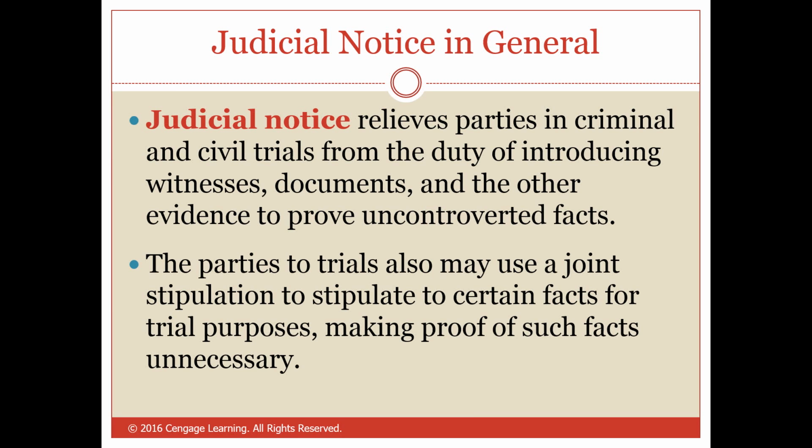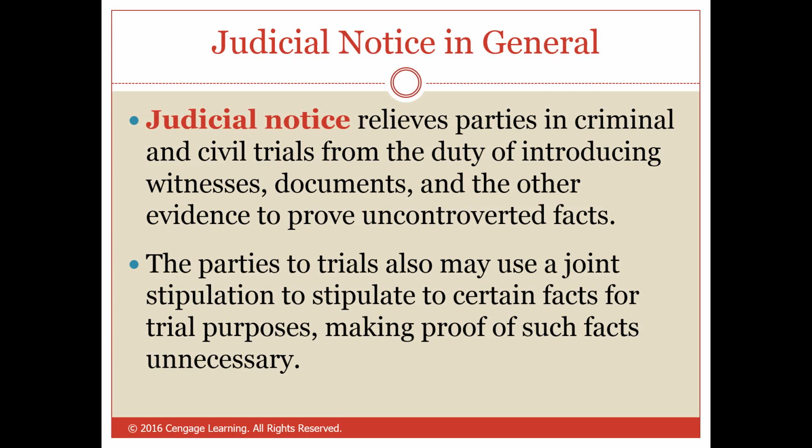The parties to trials may also use a joint stipulation to stipulate to certain facts for trial purposes, making proof of such facts unnecessary. So if both sides agree that some fact or set of facts is true, the way that they say it is, then we don't have to prove those things. We can just shortcut those into the court and they come in as evidence and the jury can see that.